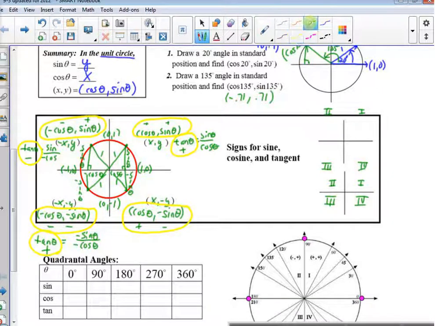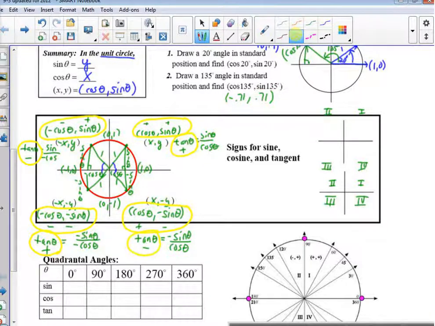And in quadrant 4, tan would be a negative sine divided by a positive cos. It would be the opposite over the adjacent, and we would be referring to these angles right here, if you were looking at the opposites over the adjacents, those angles that are coming off the x-axis down to the terminal side. So if we look at quadrant 4, tangent's going to be negative.